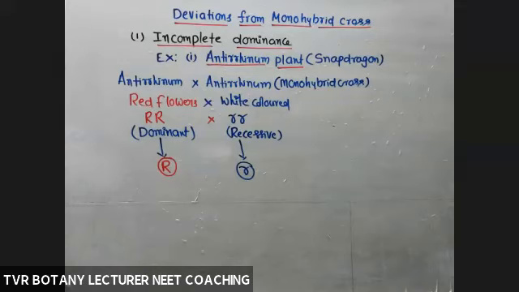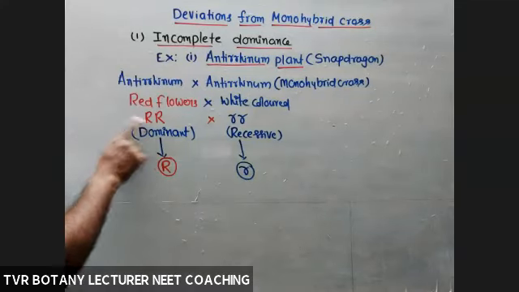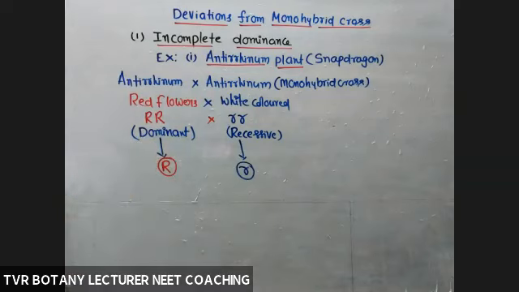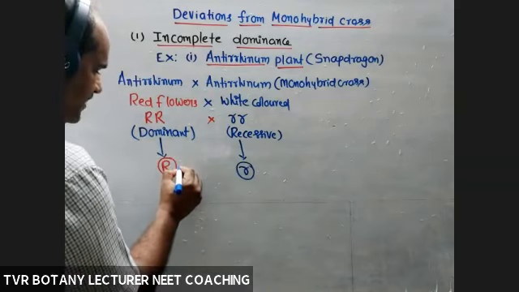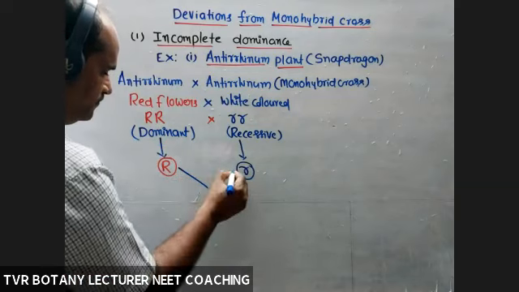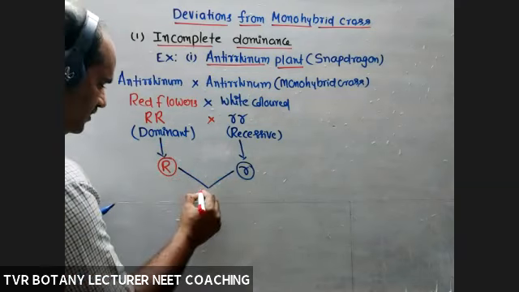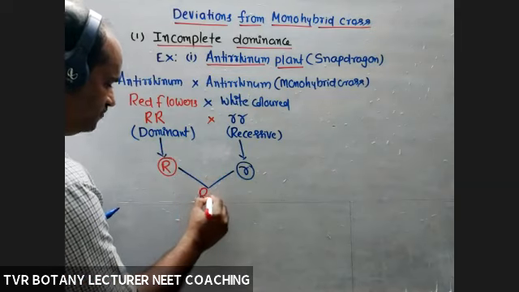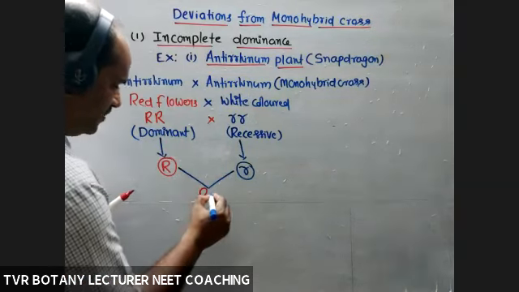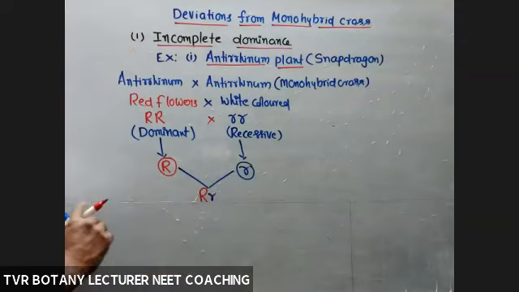If meiosis is present, no doubt there is segregation, separation of capital R from small r. Now fertilization between these two gametes. Definitely, this one is capital R and the second one small r.